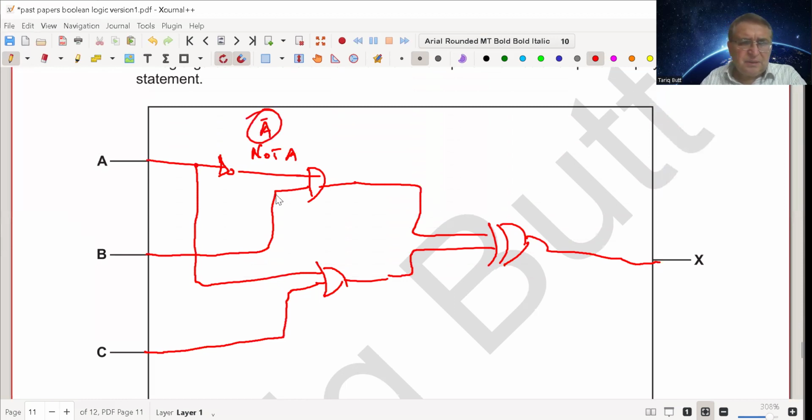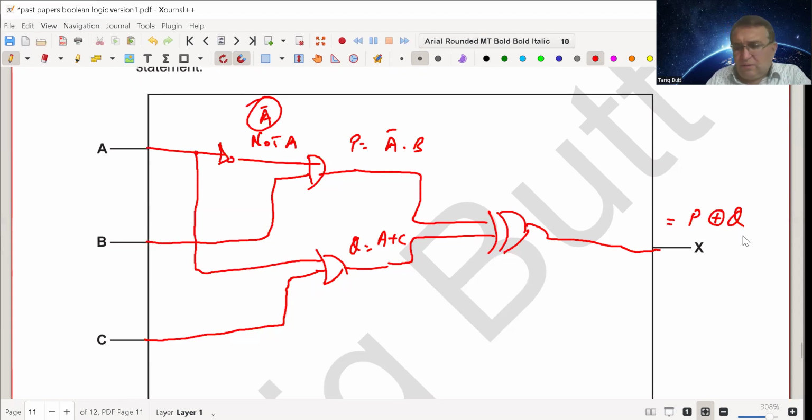Then this is B into not of A, or you can write down this as P, which is not of A into B. You can call this as P. You can find out this as well, which is A or C. You can call it as Q, which is A or C. And then X is exclusive or of P and Q. So X is P XOR Q. That's it.